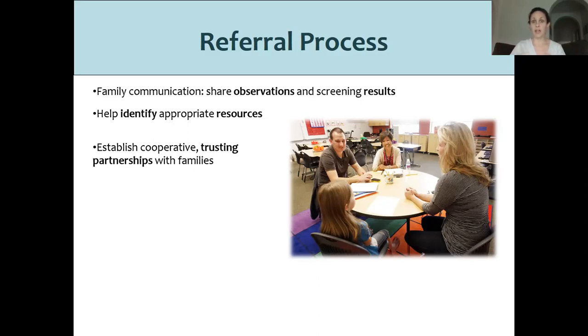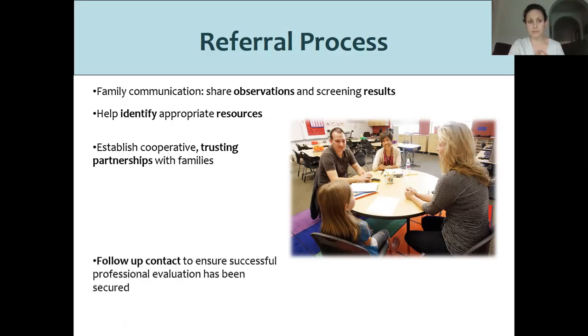Because if they don't feel like you're part of their team, then it really becomes a struggle to get them to accept what you say as something that they need to do for their child. So it's really important that we establish those relationships very, very early on, and make sure that we're recommending people that they see. If we're recommending evaluations or pediatricians or other supportive resources, that we are recommending people that work with families really well.